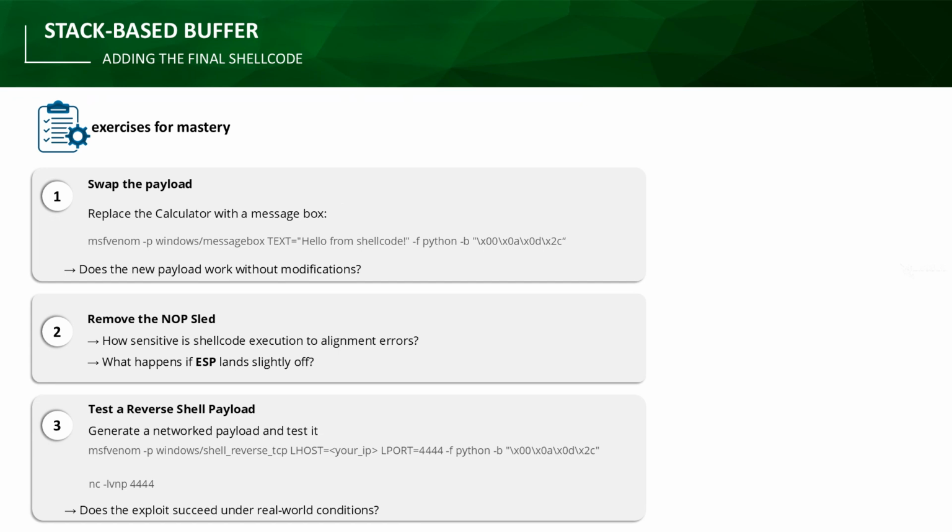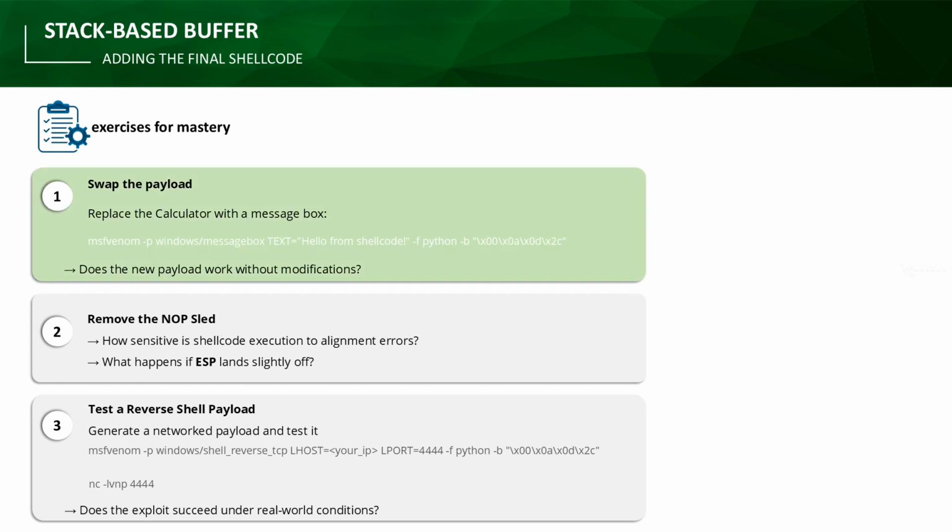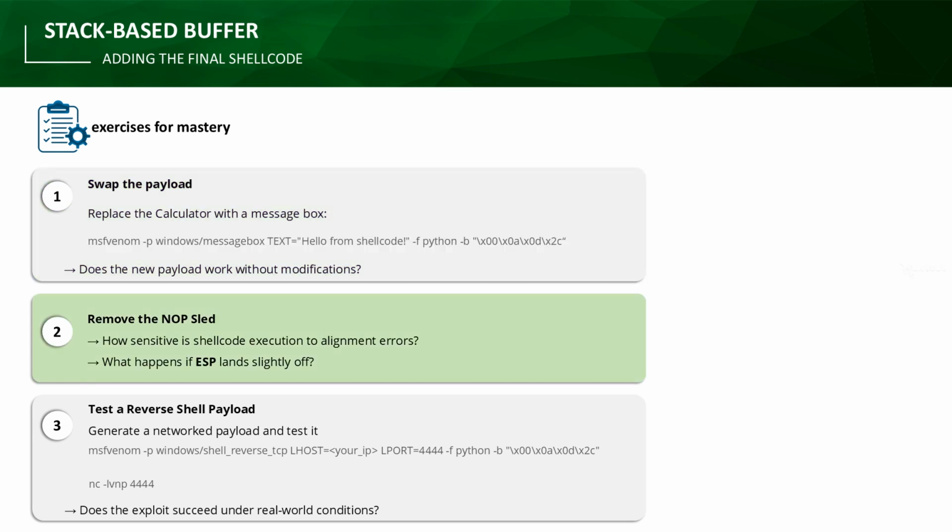Now that you've successfully executed custom shellcode within VLC, it's time to deepen your understanding and test the flexibility of your exploit. Try the following exercises. 1. Replace the calculator shellcode with a different payload, and see if the new payload works out of the box. 2. Test shellcode with and without a NOP sled. How sensitive is execution alignment?